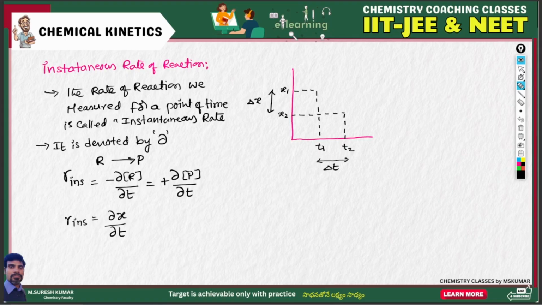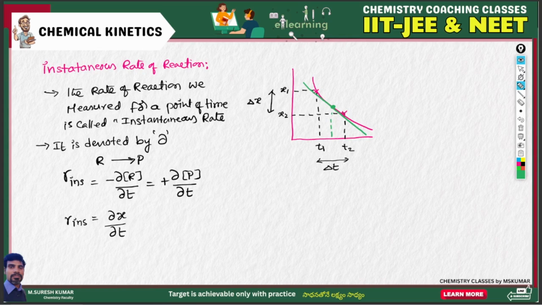Now draw a line to join these points, and we get a rectangular hyperbola. Now see, a very important point. Suppose I draw a straight line, a tangent, where the line touches the graph at a particular point. I want to measure the rate of reaction at that particular point.